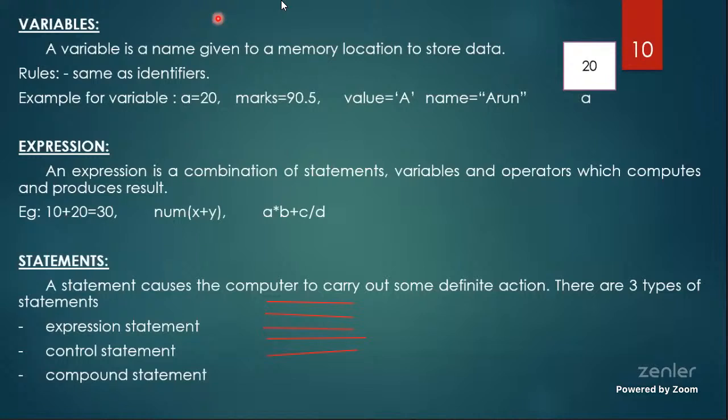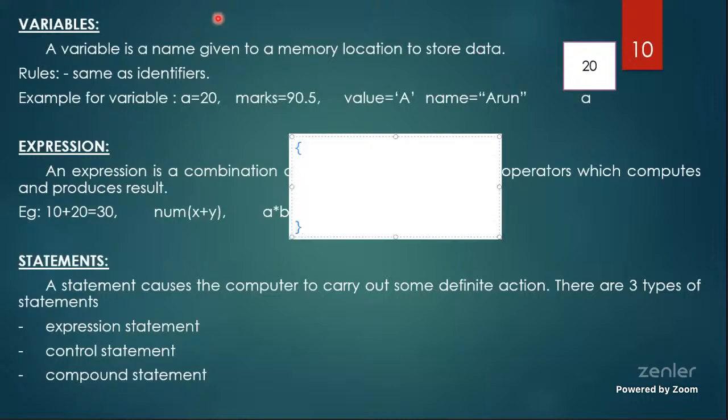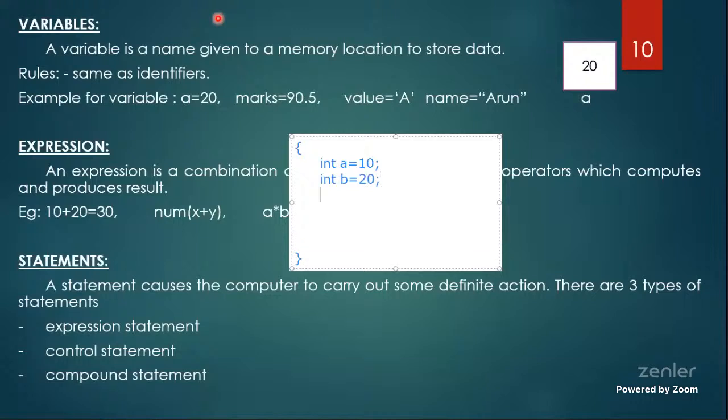Next one is compound statement. So what is a compound statement? Anyone? Do you know what a compound statement is? Okay, for example, it is very easy. Within this open and close parentheses, whatever we use, for example, int a is equal to 10, int b is equal to 20, and I'll write c is equal to a plus b.